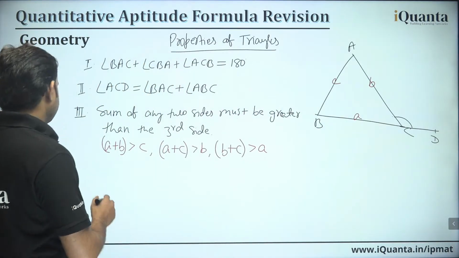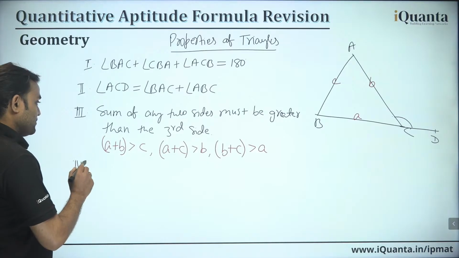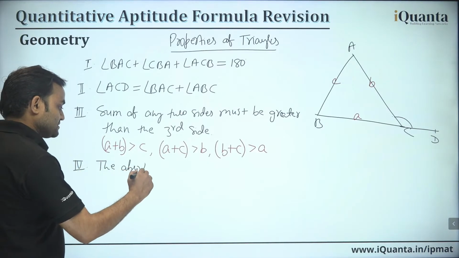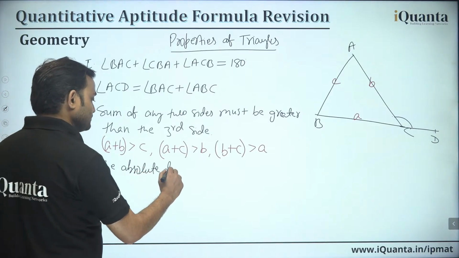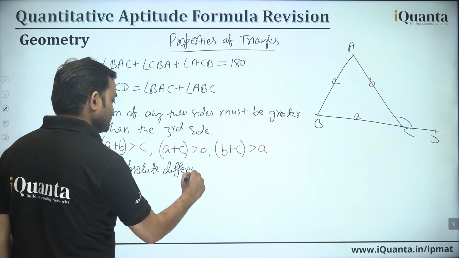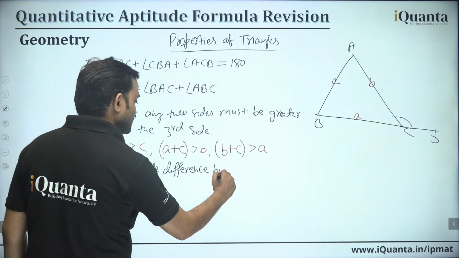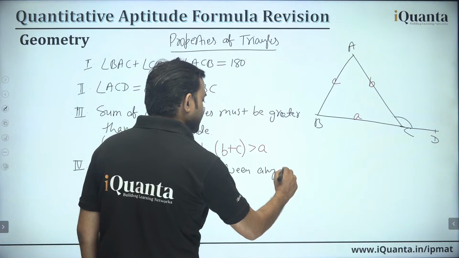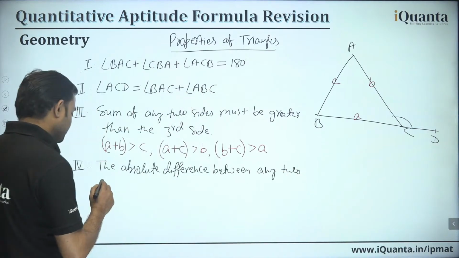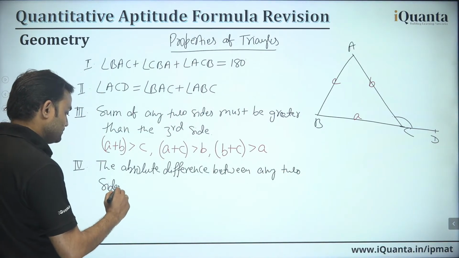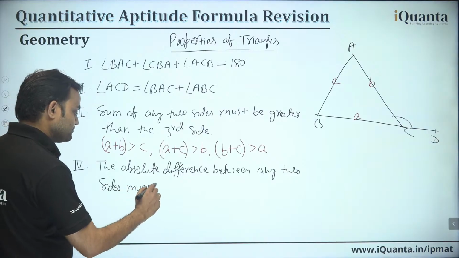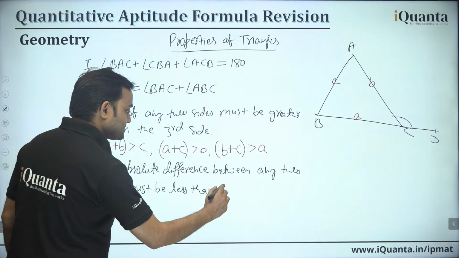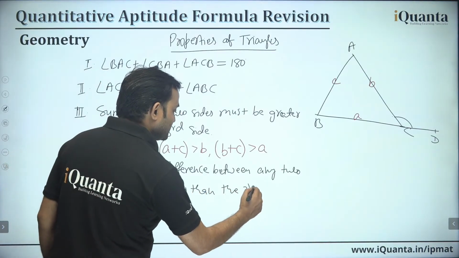Then the fourth point, where we can say that the absolute difference between any two sides must be less than the third side.